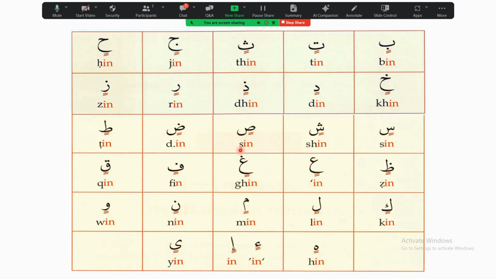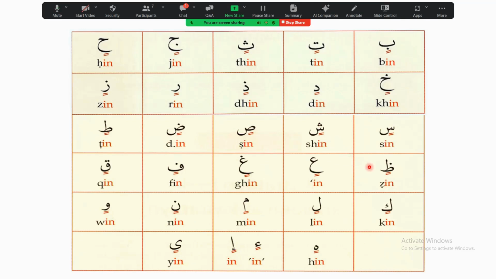Although you see that sin written, that is exactly not the same sound. Okay, so we say sin, din, again a heavy sound of letter dad. Din. Again a heavy letter, ta letter, and we say tin.